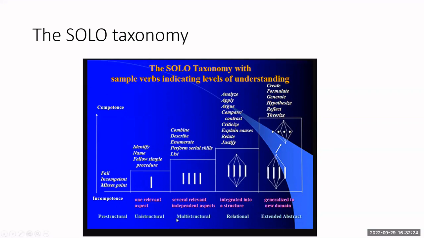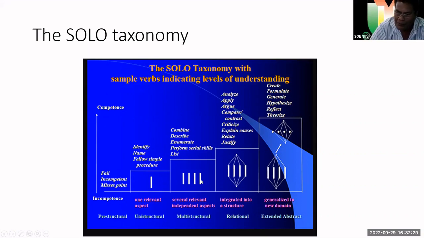For multi-structural, you need to know several aspects of the concept. And for the relational level, you need to know the relationship between the multiple aspects. You need to know how they are related.